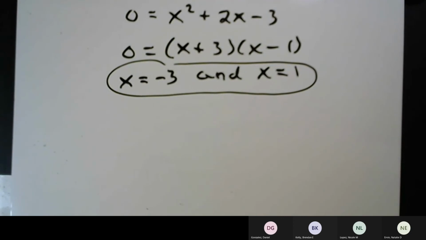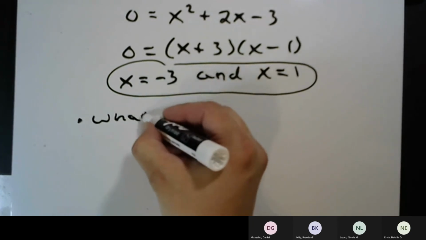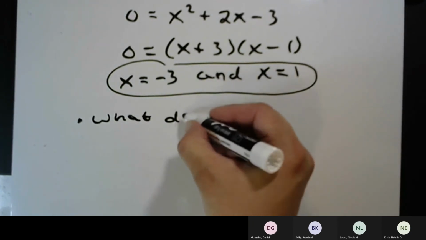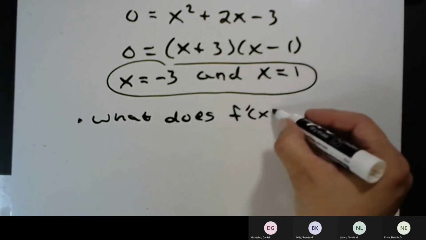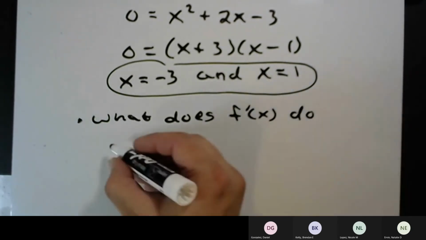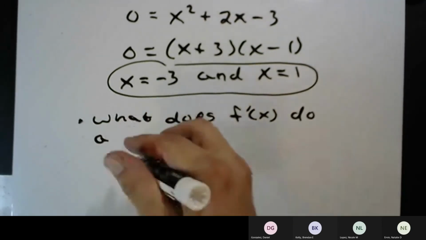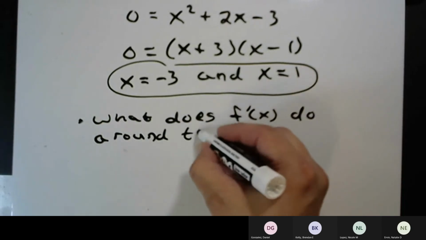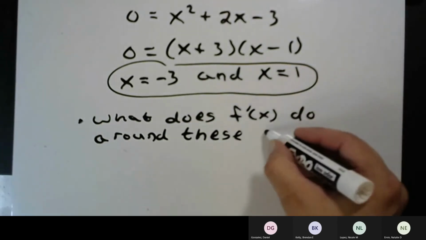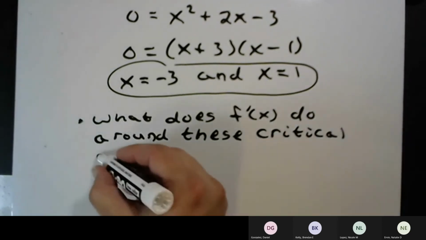So we want to take a look at what f prime of x does around these critical points.